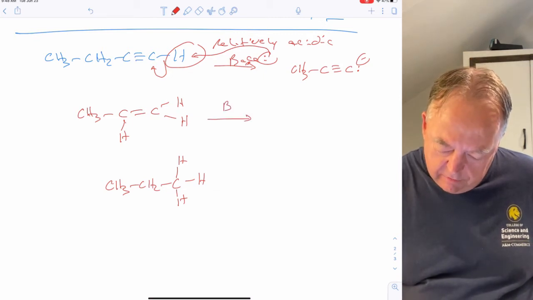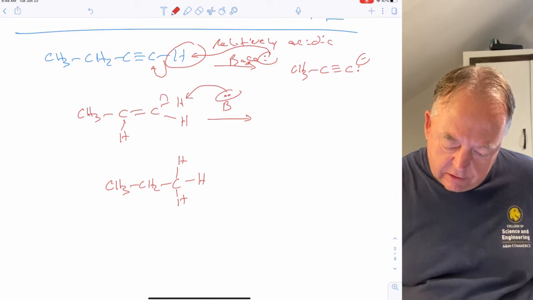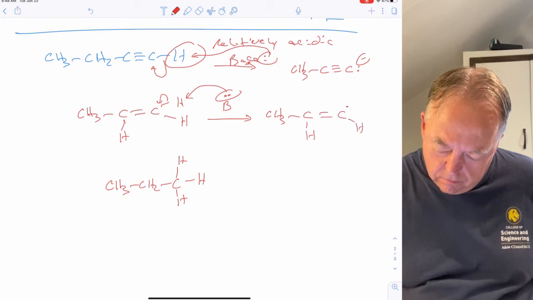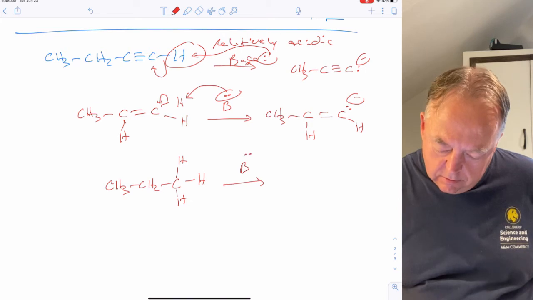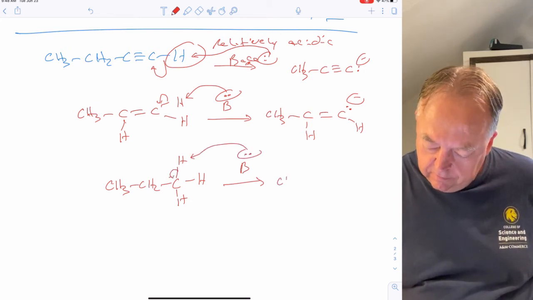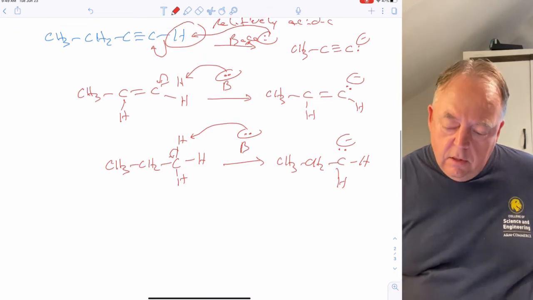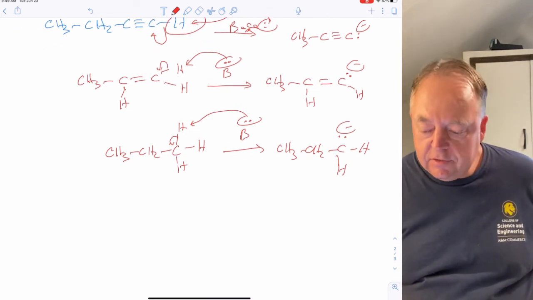Or we could do the same thing with an alkene, taking off one of the hydrogens from the double bond, or an alkane, where some base takes off a hydrogen. Okay, so which of the conjugate bases is more stable?